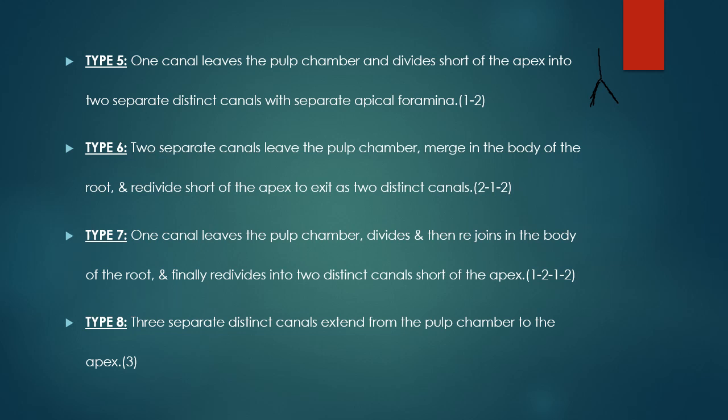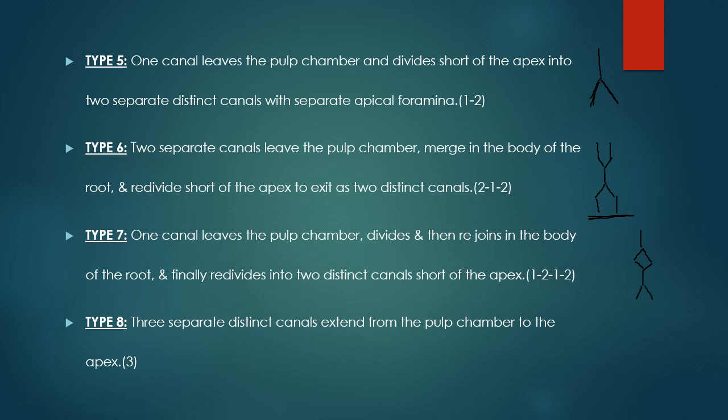Type 6 is two canals from the floor of the pulp chamber, which later unite in the body of the root to form a single canal and then again divide into two canals near the root apex. 2:1:2. And coming to type 7, one canal from the floor of the pulp chamber, then later divides into two, again joins in the body of the root and then again divides into two.